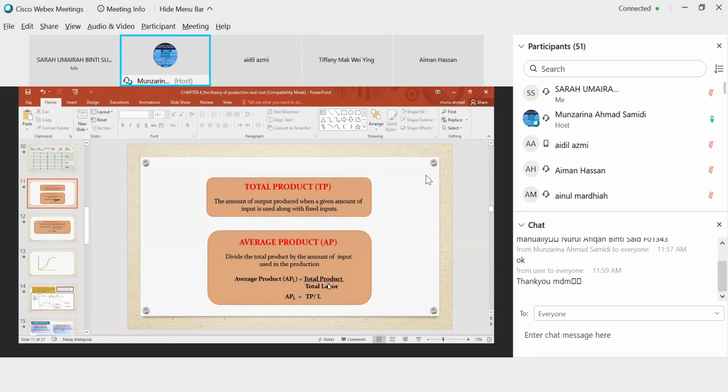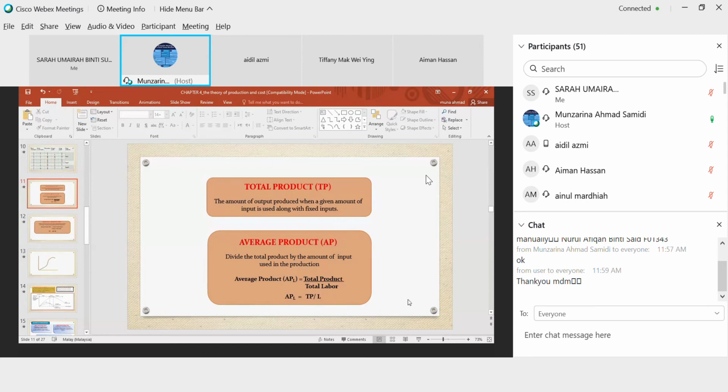Now we are talking about the marginal product of variable input and average product of variable input. We don't take the marginal product of fixed input. So we are talking about this variable input. So average product is average product of labor. Total product is the total product of labor. Average product is APL. Some will just put this small L here to make sure that you understand this average product belongs to labor.